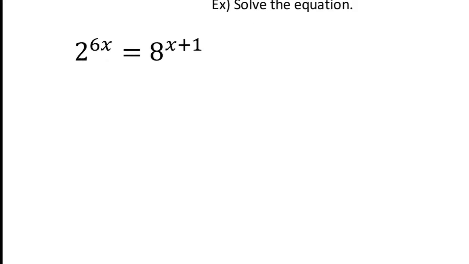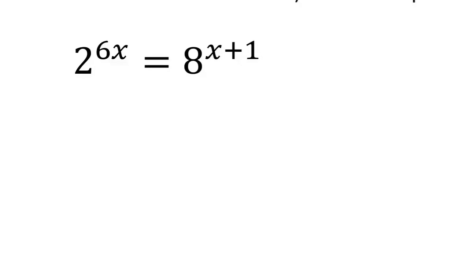All right, so please copy this one. We have 2 to the 6x is equal to 8 to the x plus 1. So it's going to get a little bit more complicated now. It's not that bad. It just looks scary, but it's not that scary.